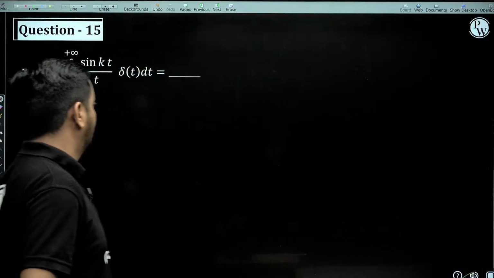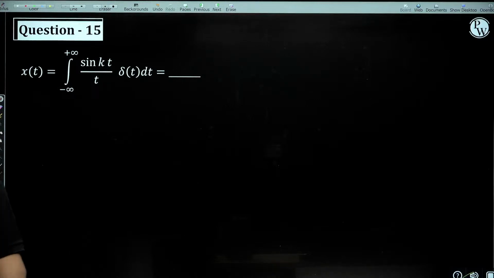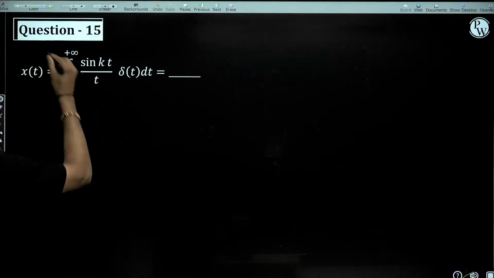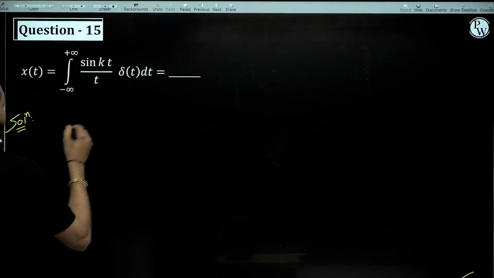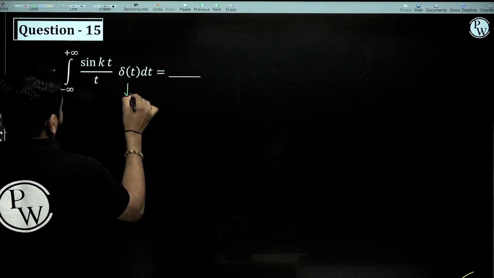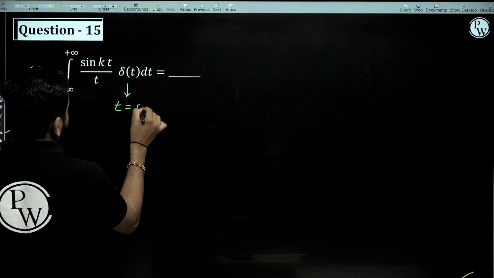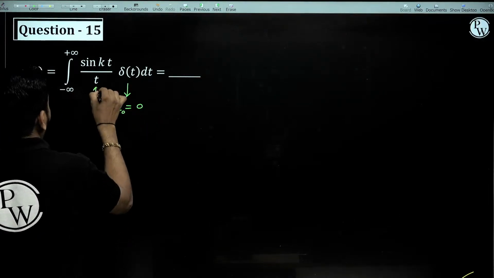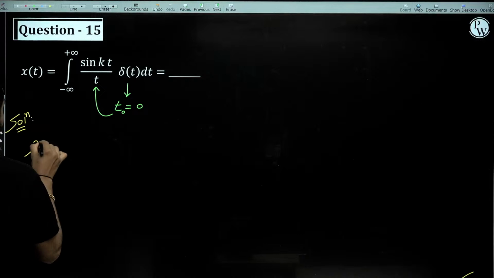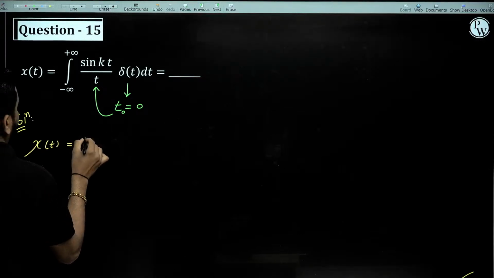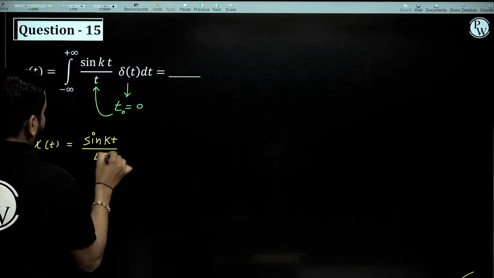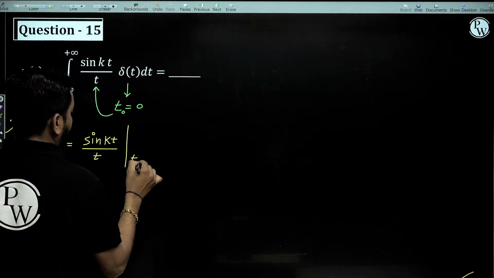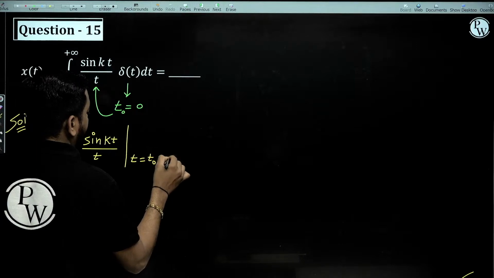What is the correct answer for this question? Here, T naught is equal to 0, not equal to 0, you have to put here. So this x of t is nothing but sin kt by t, and here T naught is equal to 0.